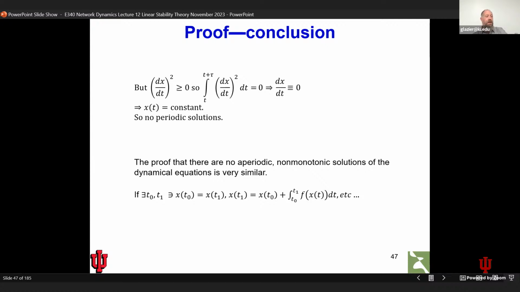So the only way the integral of (dx/dt) squared can be 0 is if dx/dt is 0 everywhere. So if dx/dt is 0 everywhere, f of x is 0. So the only periodic solution that you can have is x as a constant. So there's a proof that there are no periodic solutions in one dimension.